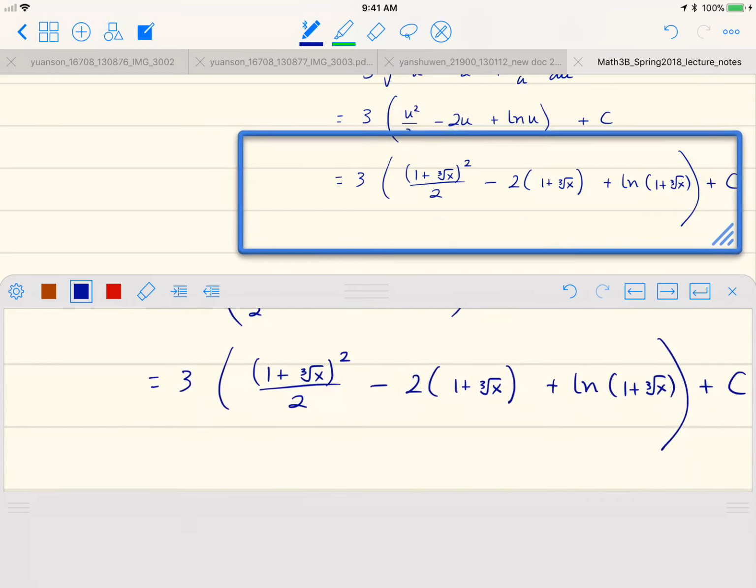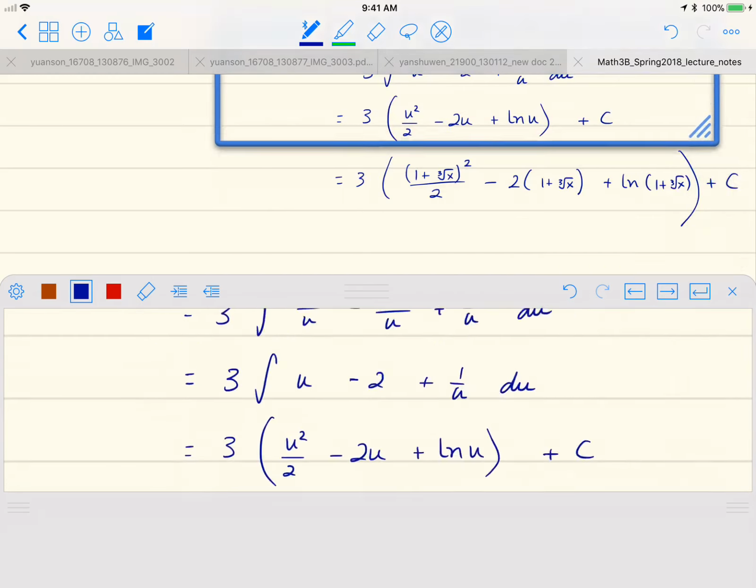Okay. Am I done? Nope. The reason why is because we still have to deal with this, right? So I need to evaluate this at x equals 0 and x equals 1. So I found my antiderivative, but to finish off this problem, I need to evaluate it at x equals 0 and x equals 1.